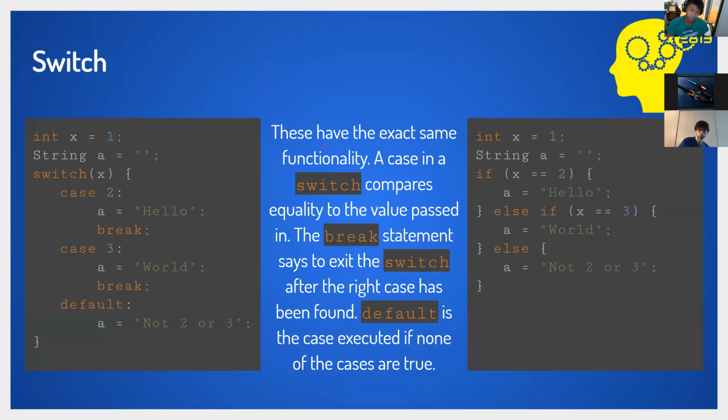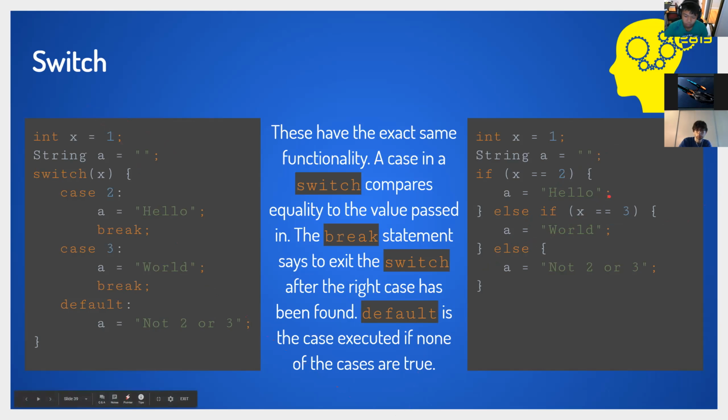A switch is really useful when the condition is very simple to understand. For example, this number is 2, or this string will always have a value of info or error or something like that. When the logic is very clear and straightforward, but you just have to do a lot of things based on that, that's when a switch is usually used over a traditional if statement like this.